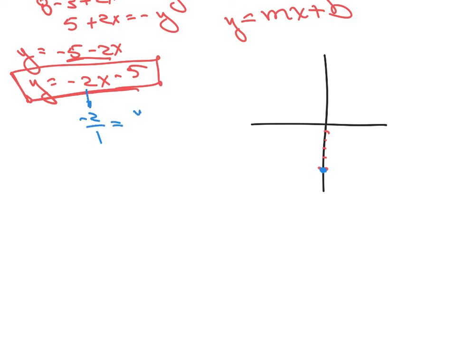And remember that equals y over x. So from this point, I'm going to go down 2 more, because it's negative, and then over 1. So there's my line, and I know that at least I'm going in a negative direction. From left to right, I'm going downhill, and my slope is negative, so that works. So that is what we've got there.